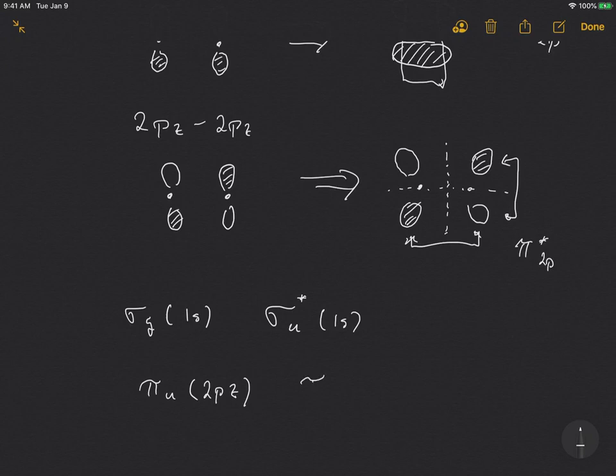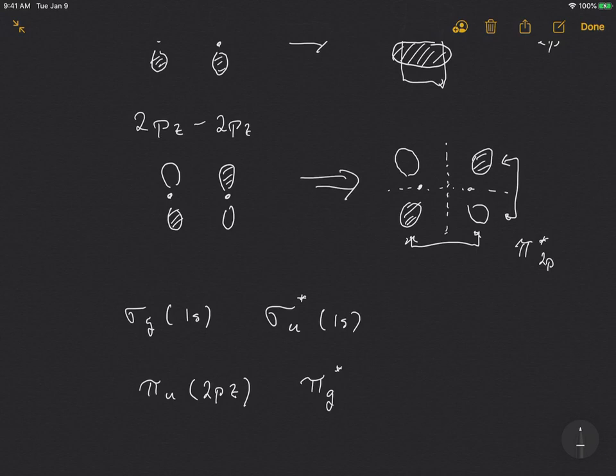Okay, then the antibonding orbital is actually going to be pi g star. It turns out it has even inversion symmetry because you have to invert along both axes. So when you invert along one of those planes, you flip the sign of the wave function, but then if you mirror it along the other plane, it'll flip the sign again, and so the overall end result is even.